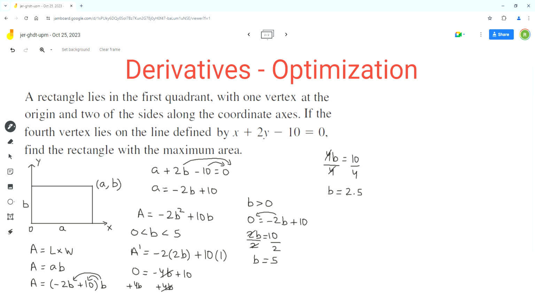Next, we have to find the area of the rectangle at the endpoints of the domain and at B equals 2.5 to find the B value at which the area is maximum. So let's start with B equals 0. If we sub in B as 0 in this area equation, I get 0 as the area. Next, we can sub in B as 2.5 in the area equation.